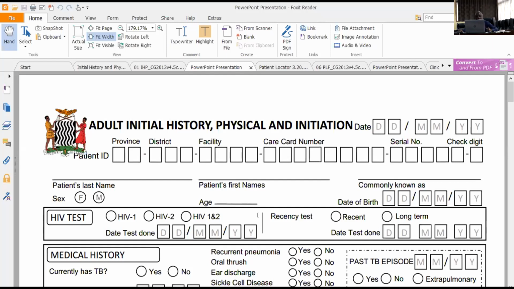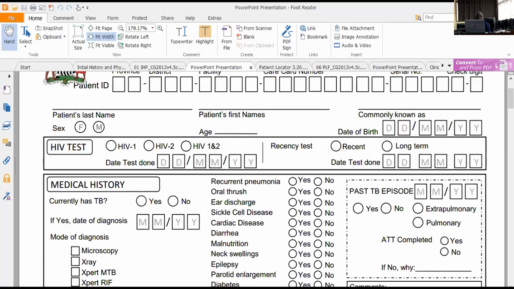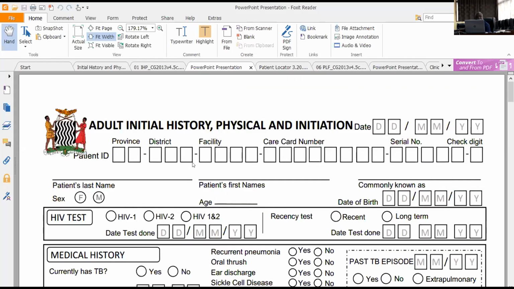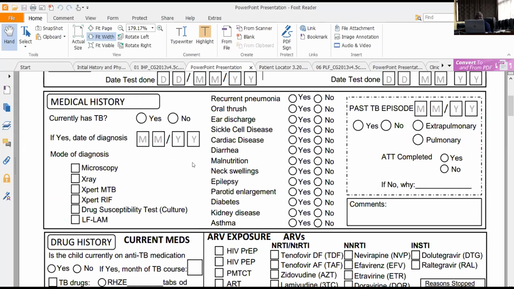Then you go into the medical history. So on the medical history, you will see that the current TB, if this client has got TB, you say the date when it was diagnosed and the mode of diagnosis. So the mode of diagnosis has been added.